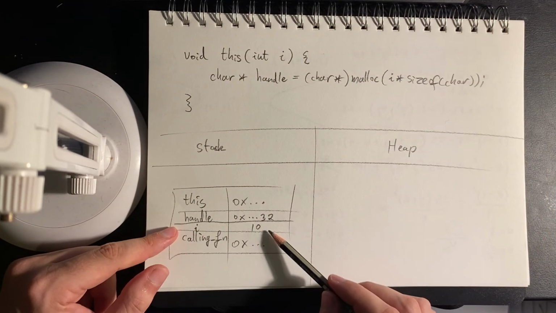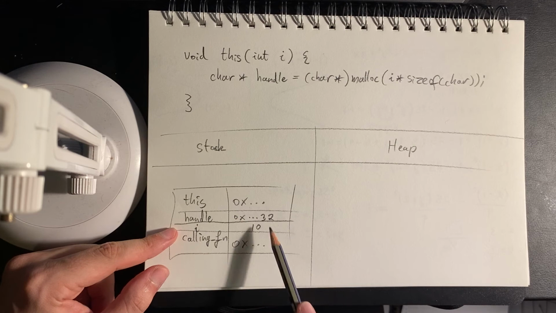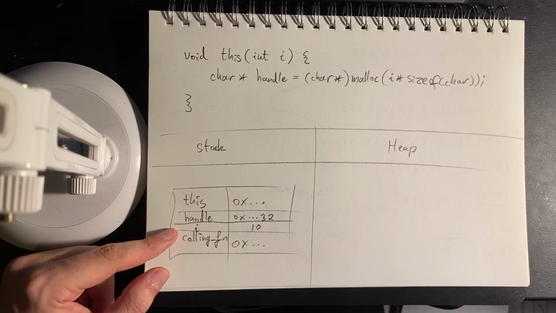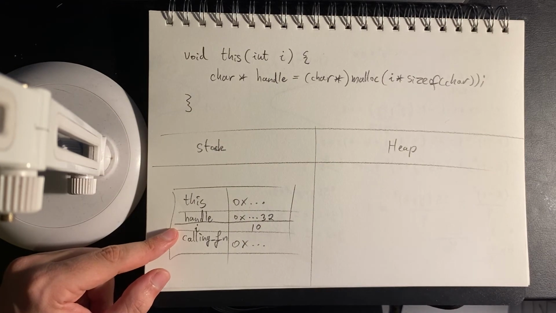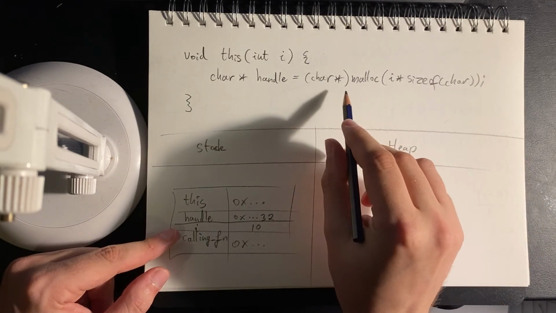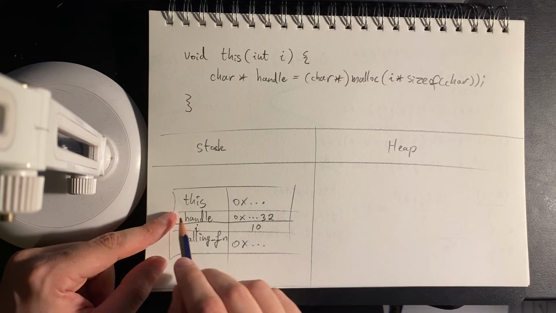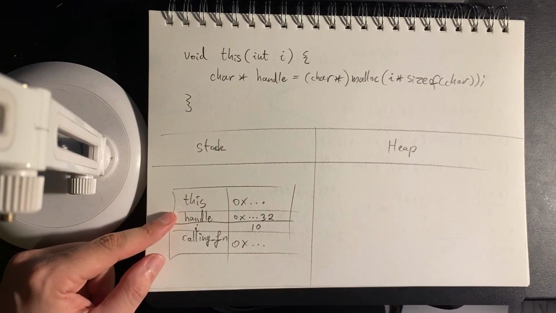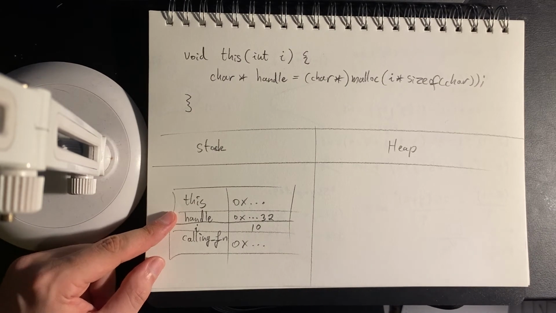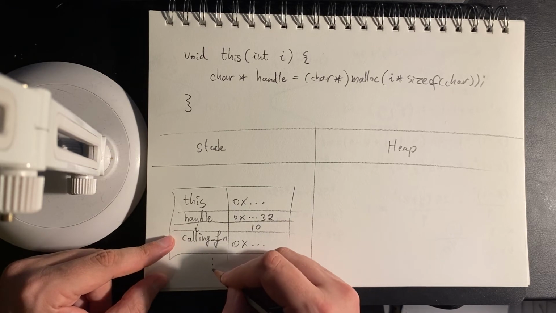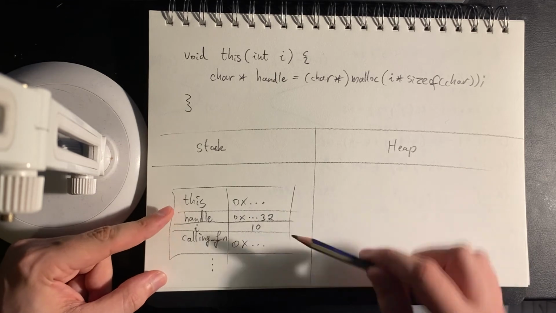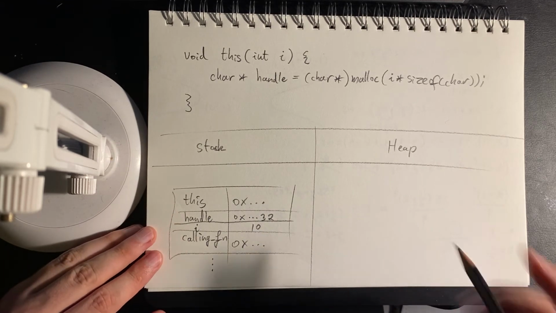It has been called with a value of 10 for i. And so we're going to allocate 10 characters. And once this allocation is performed, the memory location of the start of that memory block is returned to handle. This pointer handle actually stores a few other bits of metadata, but it's not really so important. And we also remember the function that we called from originally, and there's some other things back here. So when this function ends, everything is popped off.